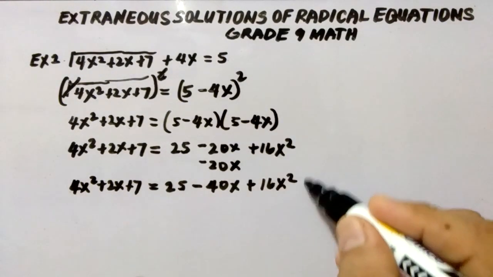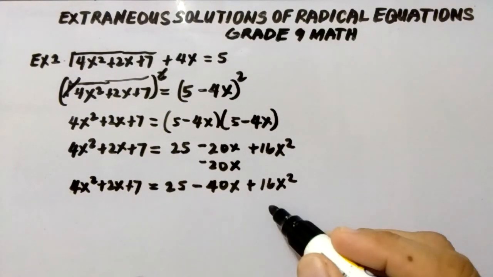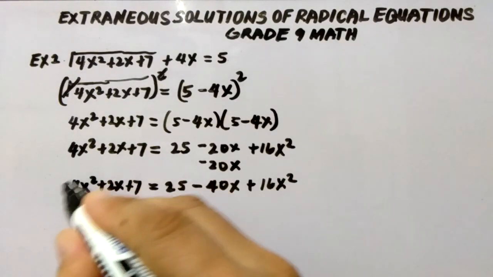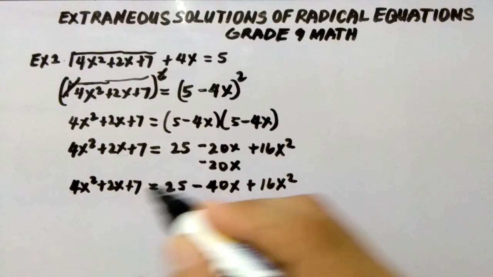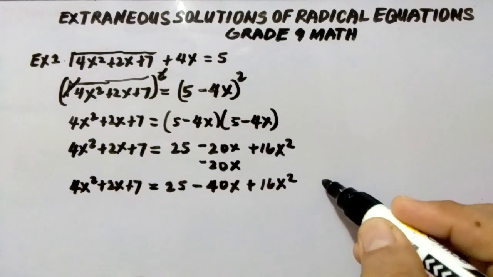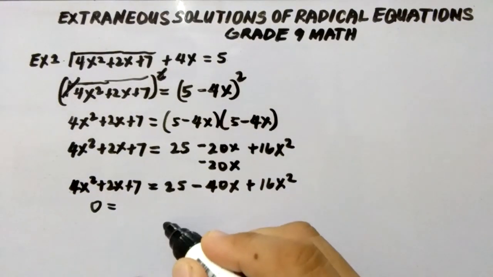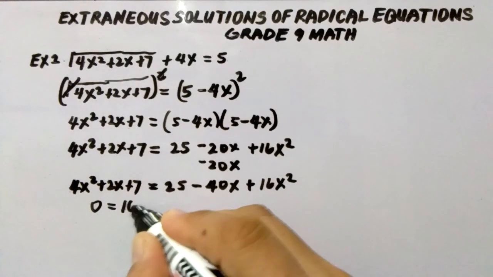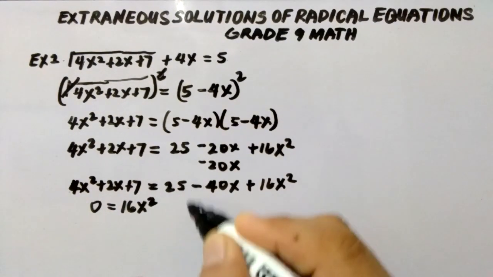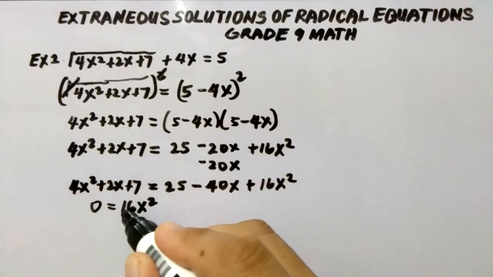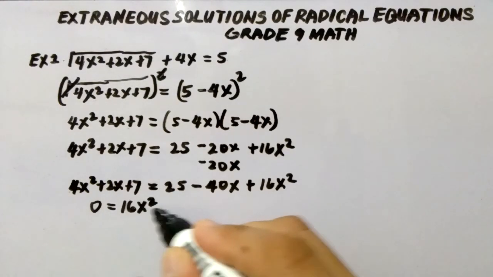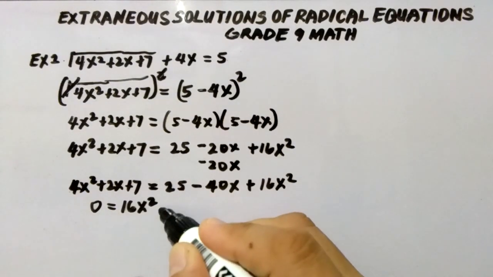Then, simplify po natin, combining like terms. Okay? So, ito pong lahat na nasa left side, transpose po natin dito sa my right side. So, we have 0 is equals to, so we have 16x squared.